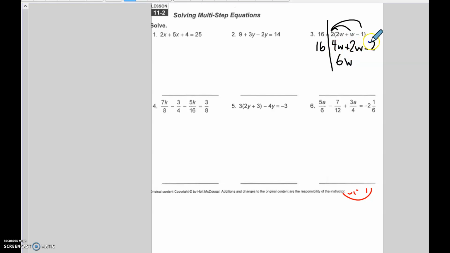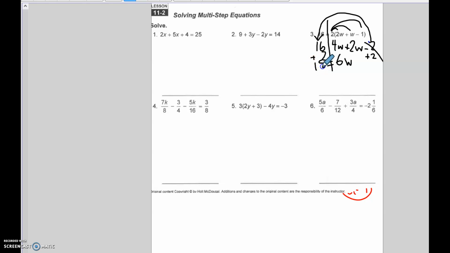But now I want to move this negative 2 to the opposite side, and that's when I do the inverse. Negative 2, the inverse is plus 2. So I'll add 2 to both sides. This will cancel, and I'll get 6w equals 18.